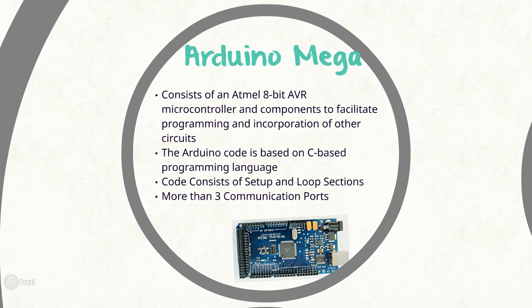The setup section defines all the ports and parameters required by the project, and the loop executes the instructions within it repeatedly until Arduino is powered off. Also, Arduino has the ability to integrate with multiple add-on hardware modules like Bluetooth, GPRS receivers, etc. Arduino Mega board was chosen because it has three additional communication ports.